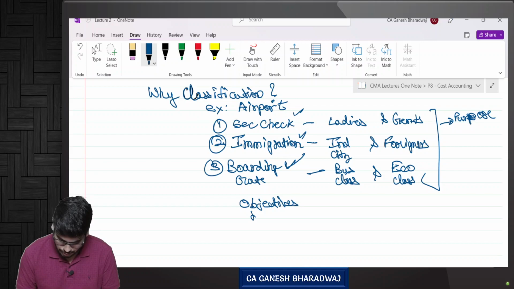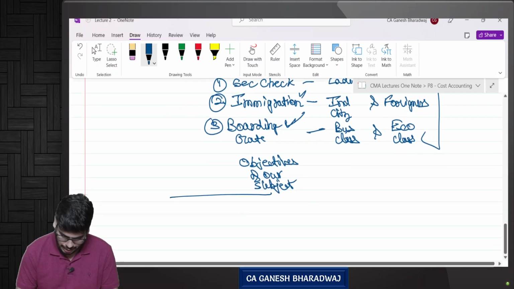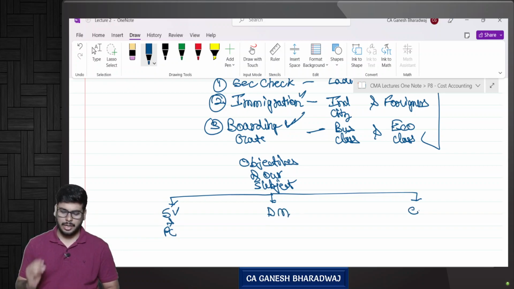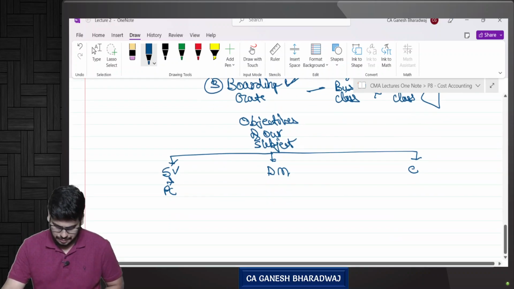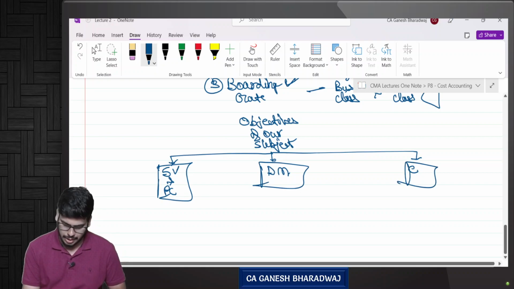I am just using short forms here. Stock valuation and profit computation, decision making and control. Our subject has three objectives is what I've told you.